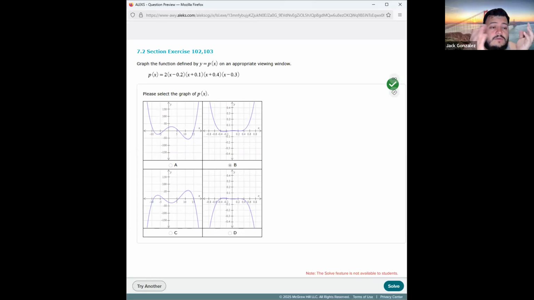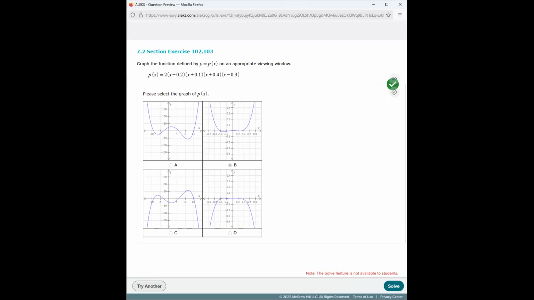If there was no 2, then you would have an imaginary 1, right? I feel like we don't even need to worry about where it intersects. If it's not big and it's not going down like a reflection, then that's the answer. I don't think we need to worry about the points.